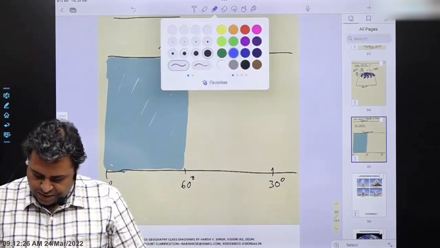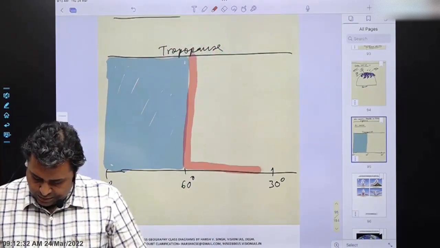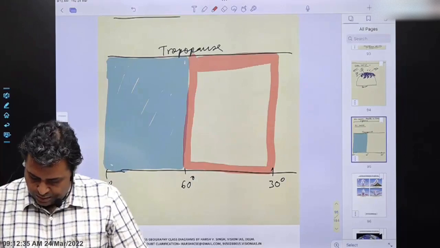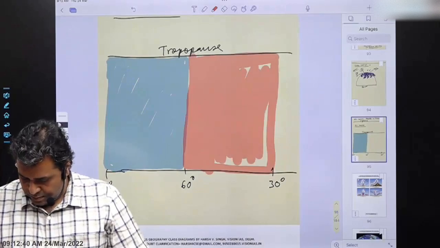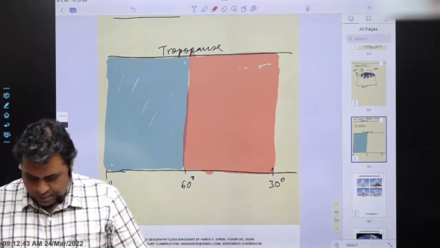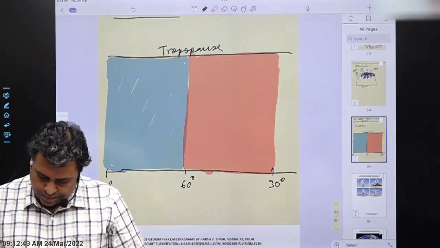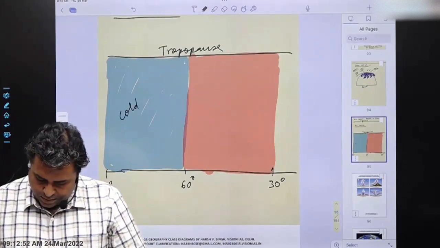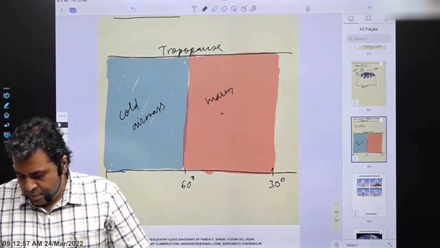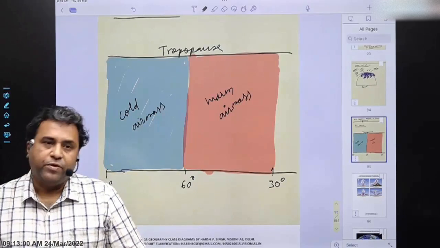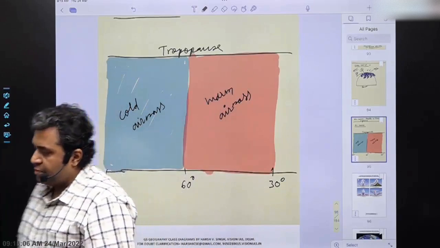So this is a cold air mass, and let us say something like this. So first you draw this much and then we'll further see.